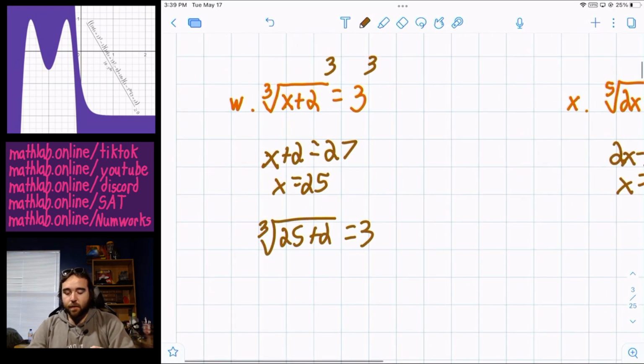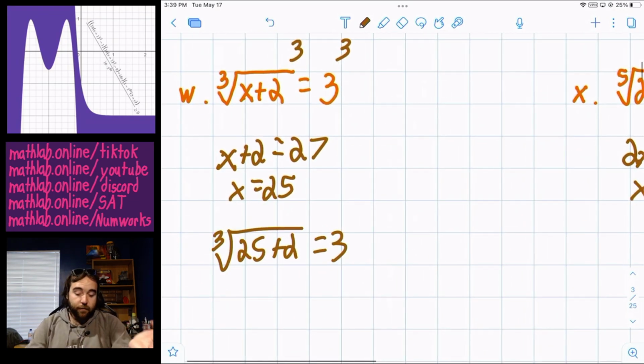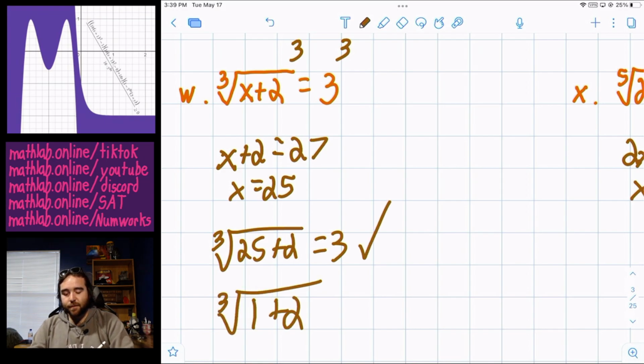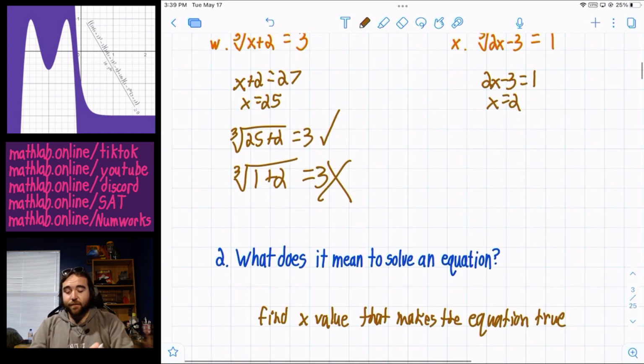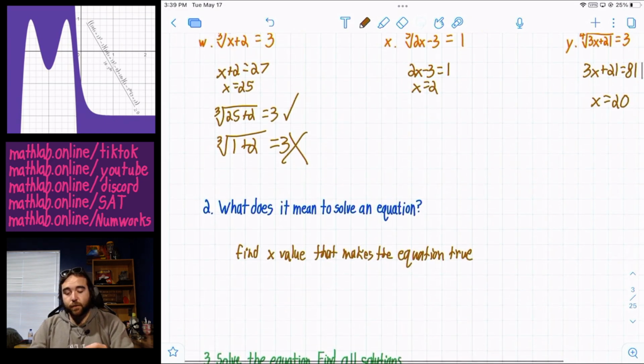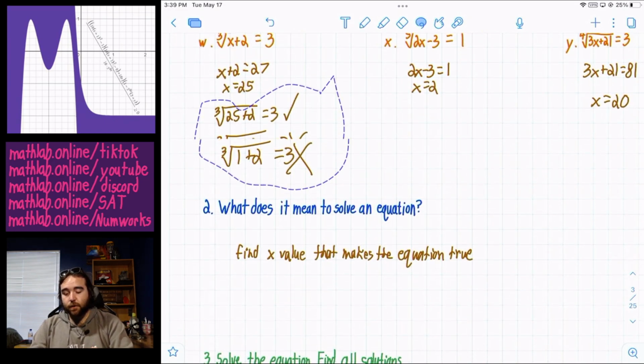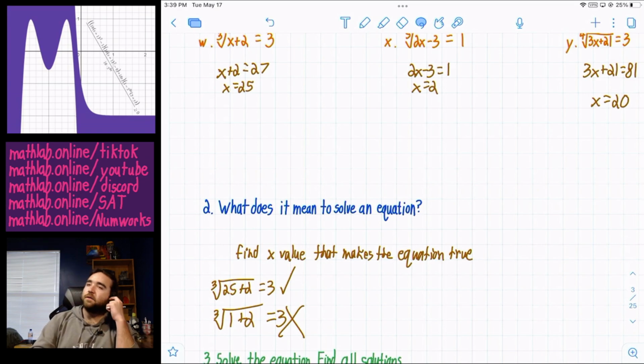If we plug in a different number, like x equals 1, that's no good. 1 is not a solution. 25 is a solution. So when we're finding the solution to an equation, we're finding the x value that makes the equation true.